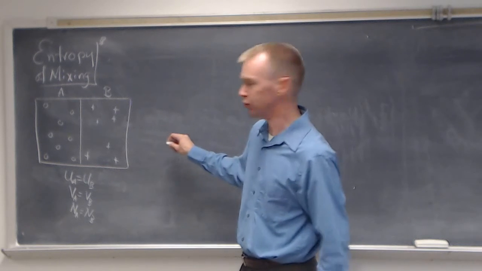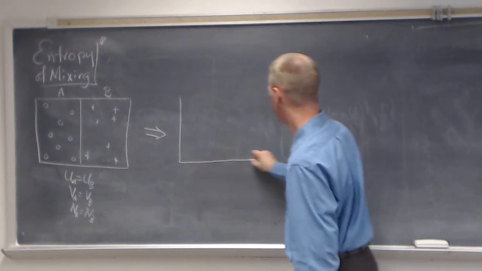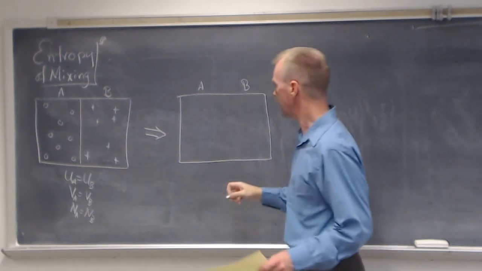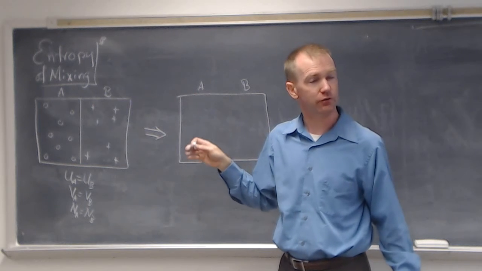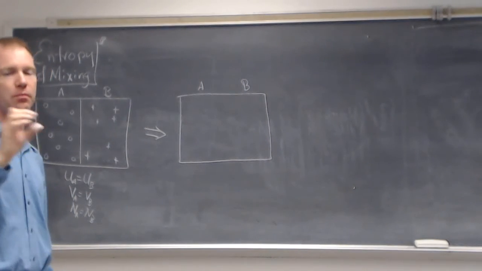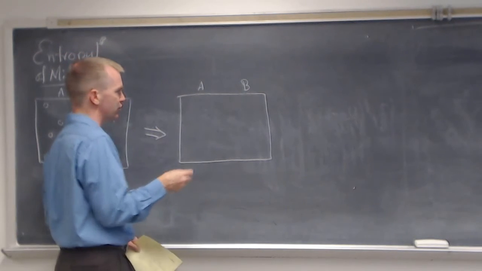Now we remove the partition, and we allow the gases to mix. We're still keeping track of which particle belongs to which gas, but they can move into each other's spaces.